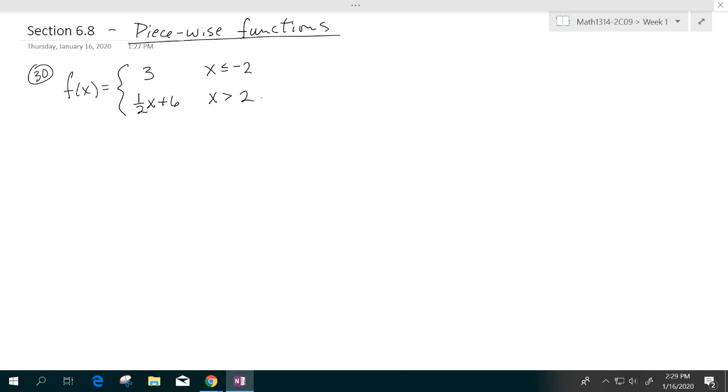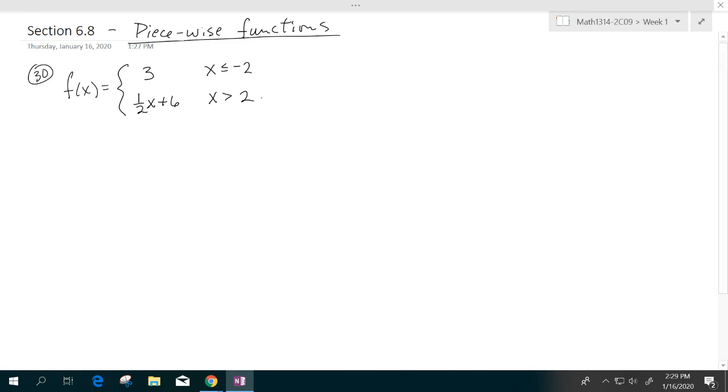And that is a piecewise function. So I've got f of x. Remember, f of x means y, right? And the values that I get for y are going to depend on the values that I use for x.